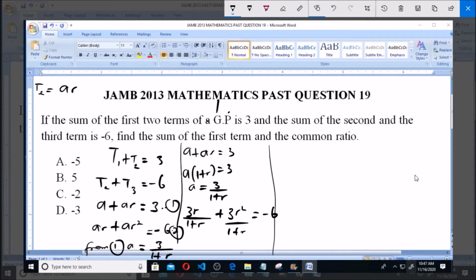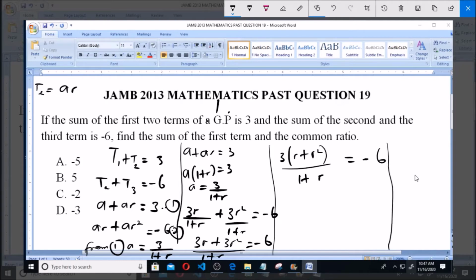That will give us 3R plus 3R square, everything over 1 plus R, equals minus 6. So that means this will give us 3 into R plus R square, all over 1 plus R, is equal to minus 6.